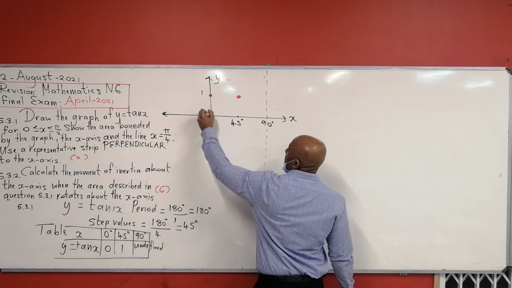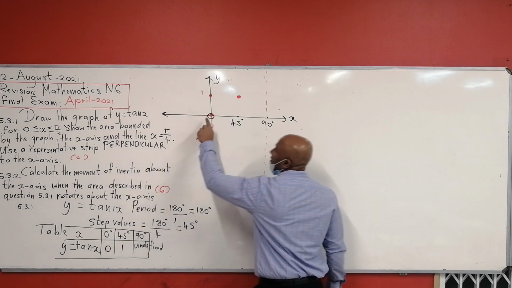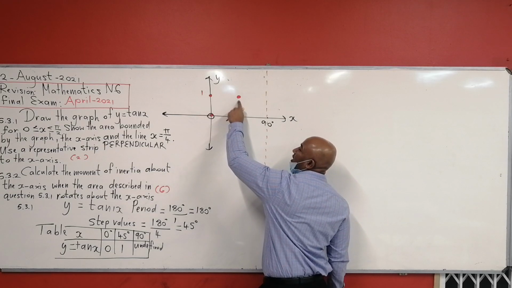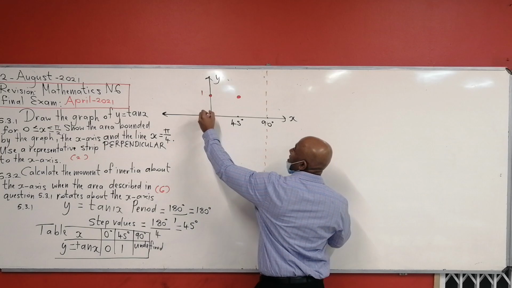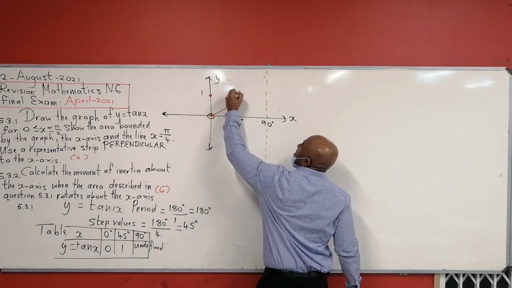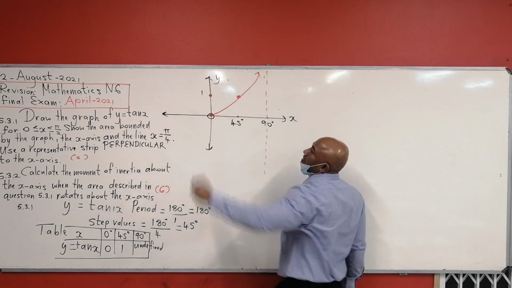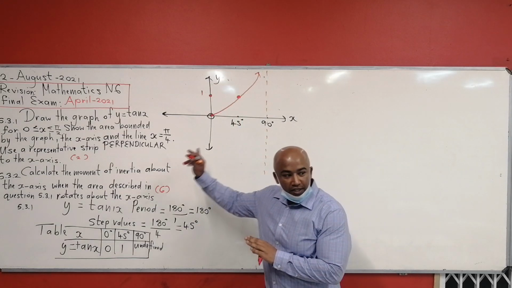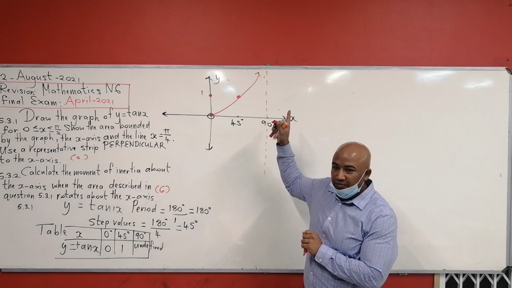So now the graph at 0 degrees: when x is 0, y is 0. When x is 45, y is 1. As you approach 90 degrees from the left, your graph approaches positive infinity.